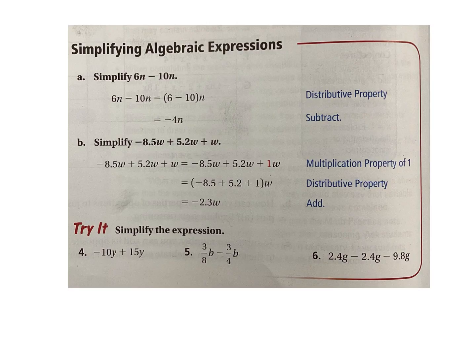All right, we're going to do another example here, simplifying algebraic expressions. The way you simplify them is you could use the distributive property, which they show you here how to do.